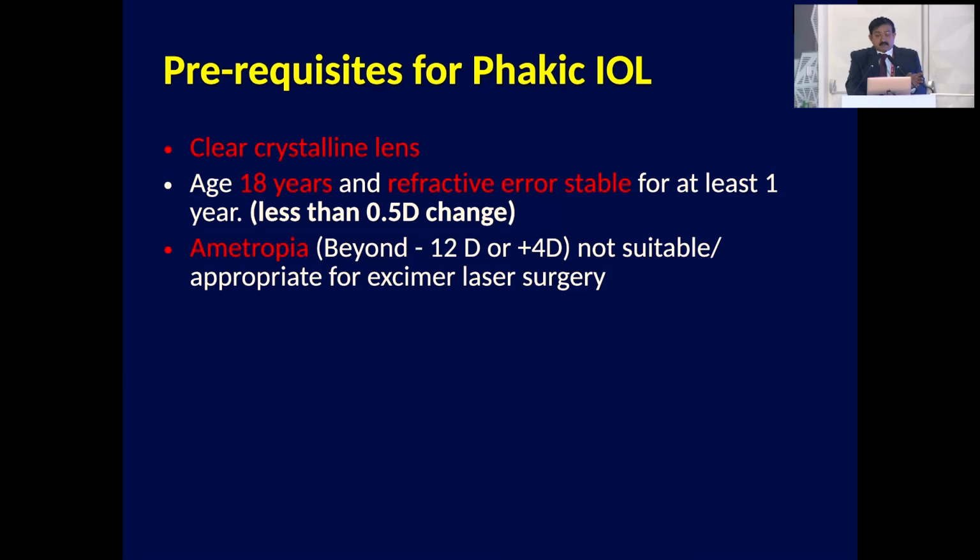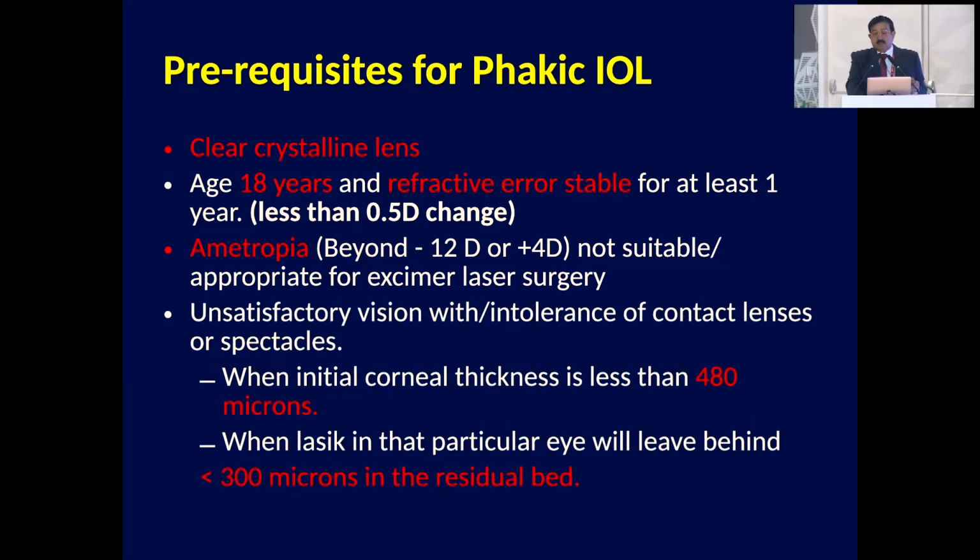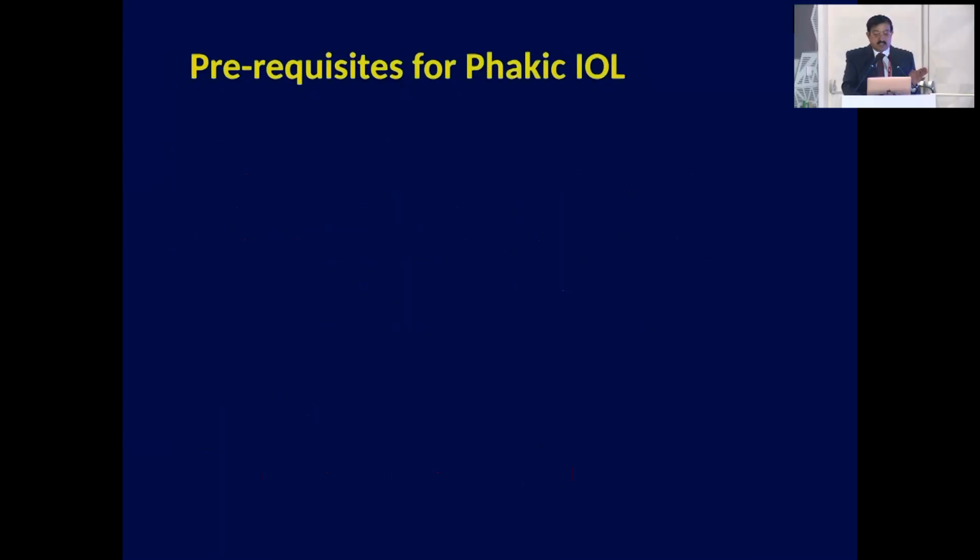We definitely do not do excimer laser surgery or laser refractive procedures for patients above 8 or 9. Maximum we stretch it to 9, but more important is that the phakic IOL has become such a stable and strong IOL that we can actually place it even in smaller diopters.